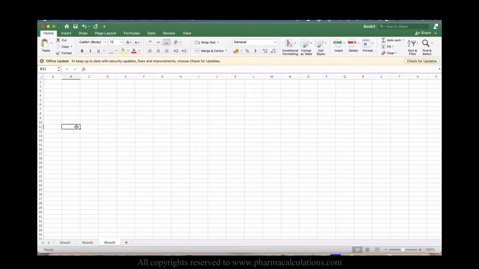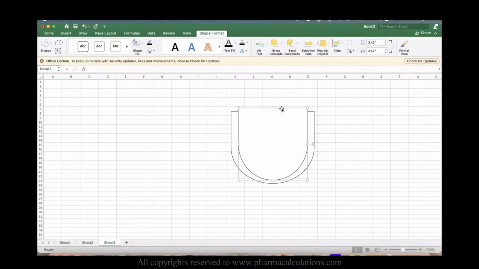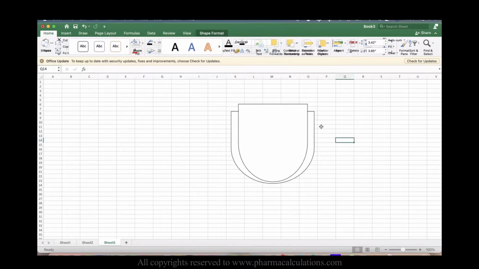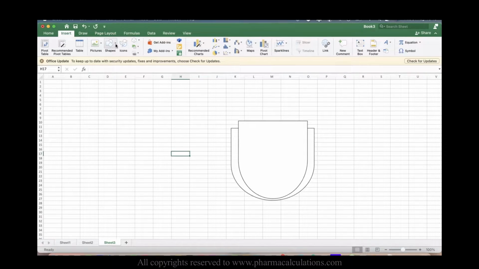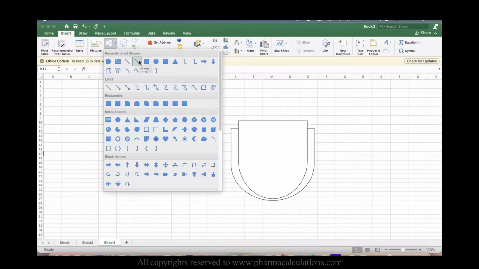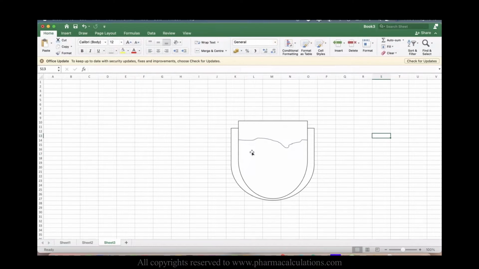We'll take the case of a reactor. Generally this is how a reactor will look. Let's say this is a reactor and this is the reactor's jacket. And let's say there are some reactor contents inside the reactor. It's a reaction mass, a combination of multiple components.